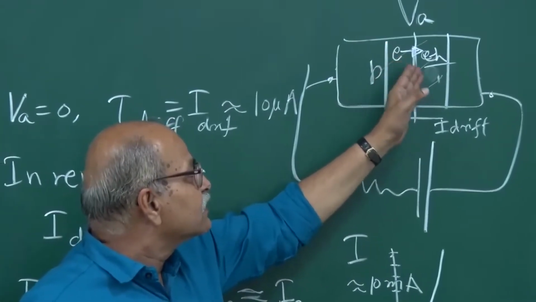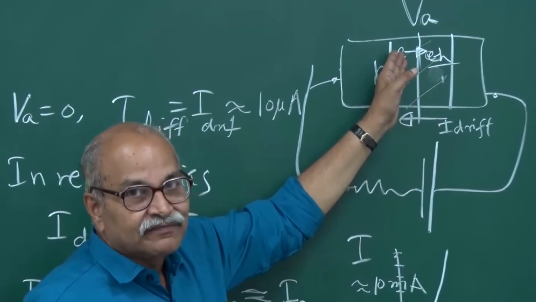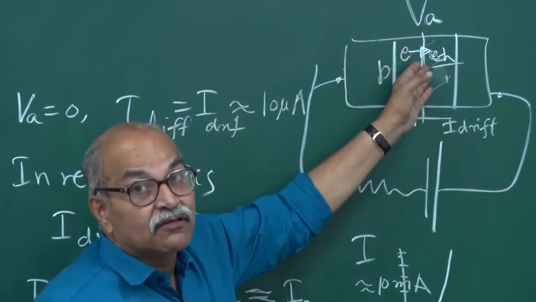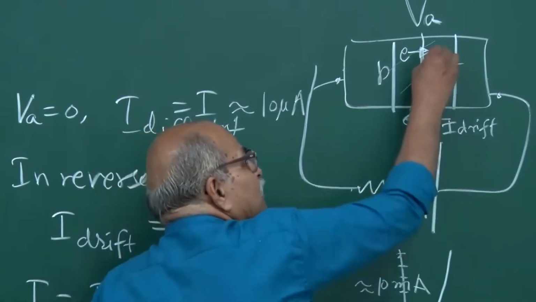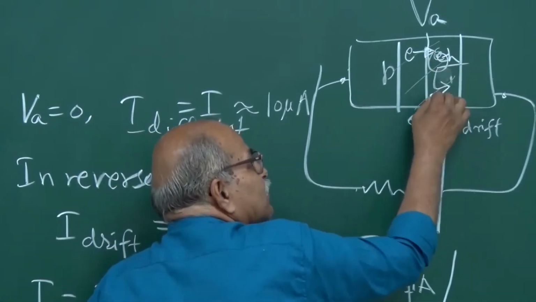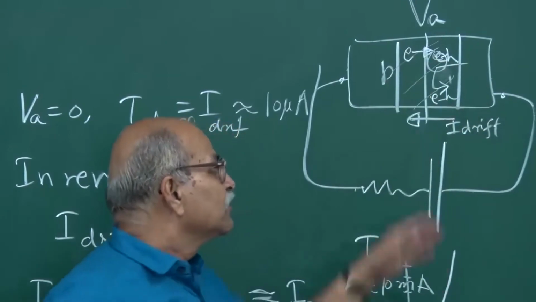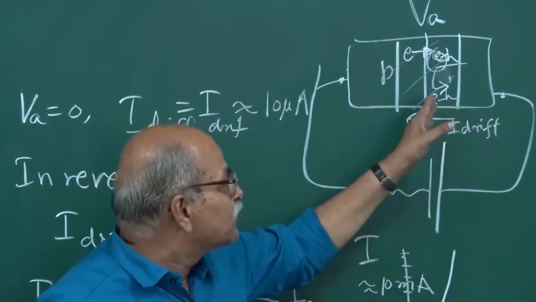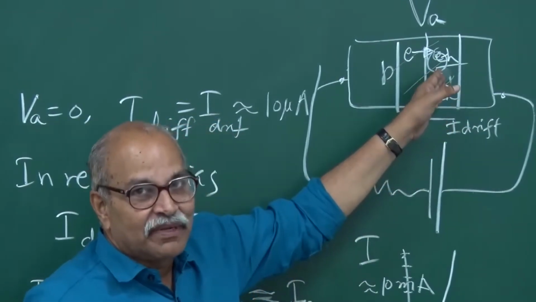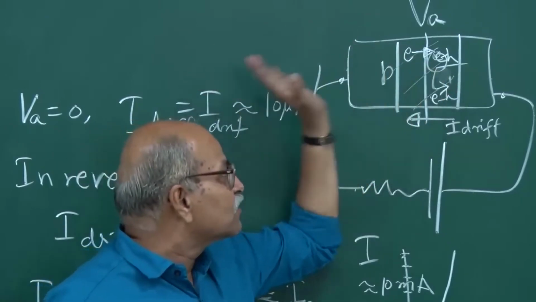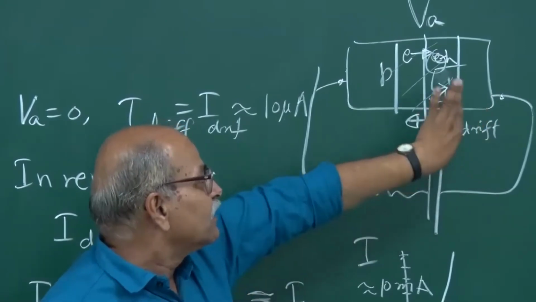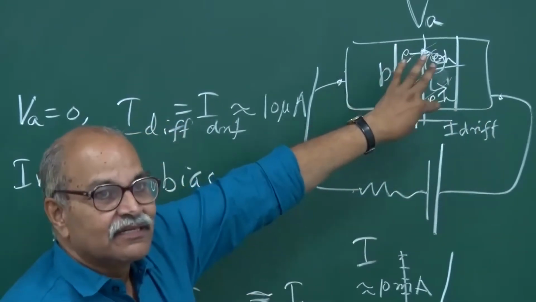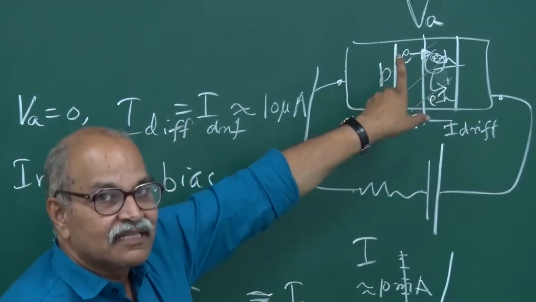These charge carriers can create new electron-hole pairs. And when this electron is accelerated, it can produce yet another electron-hole pair here, and this can produce another electron-hole pair here. Of course the electrons are all accelerated towards the right in this figure, and holes are all accelerated towards the left.